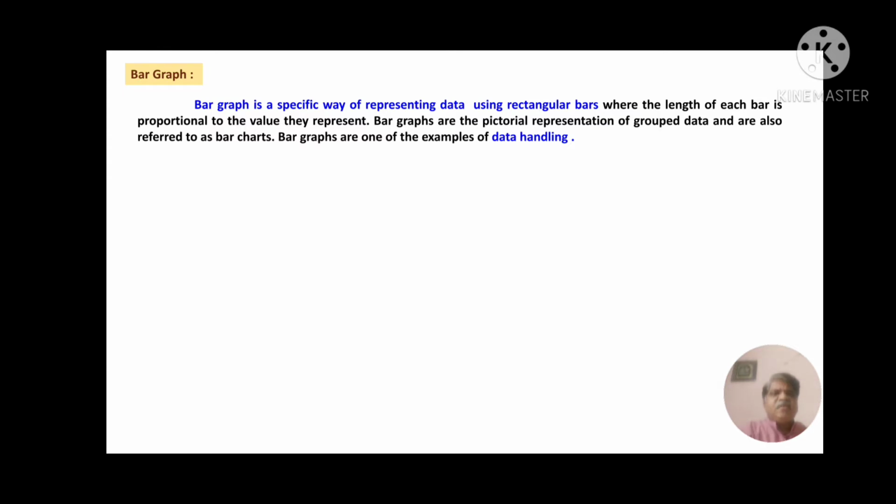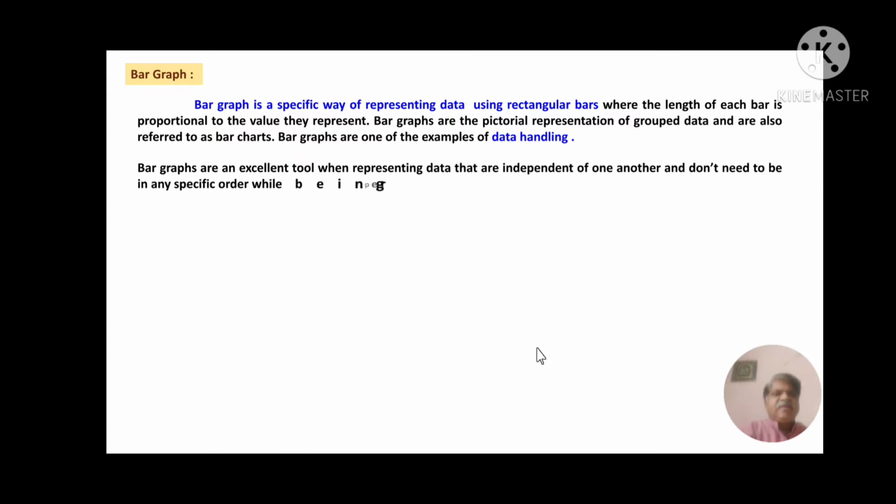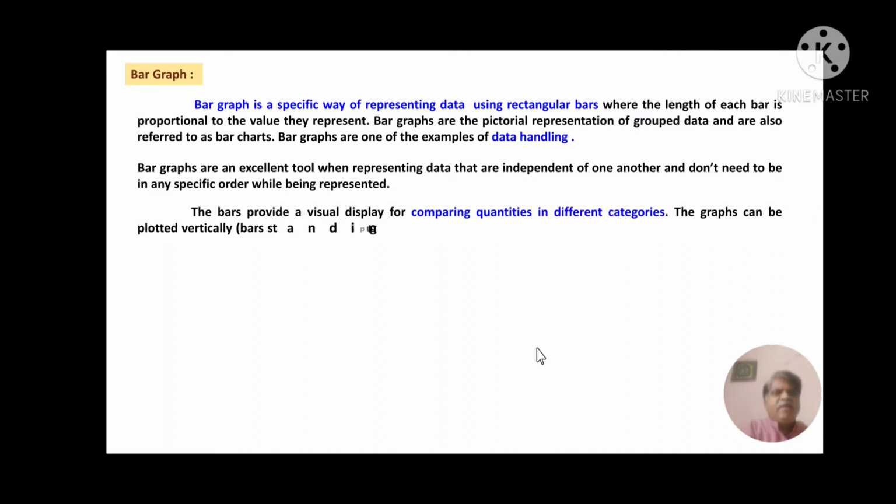Bar graphs are one example of data handling. Bar graphs are an excellent tool when representing data that are independent of one another and don't need to be in any specific order. The bars provide a visual display for comparing quantities in different categories.